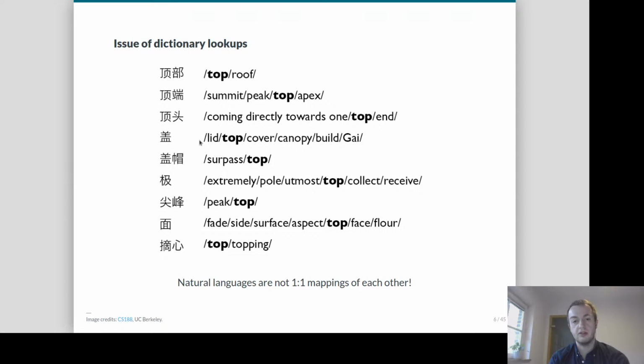And of course, that means you would have to reason about what's the context around this word, around top. And from this context, then you will be able to infer which is the translation that you should pick, right? But to do that properly, you already understand that you need to do something which is much smarter than just doing one-to-one mapping and looking up your words in the dictionary and then replacing that word with the associated translations.